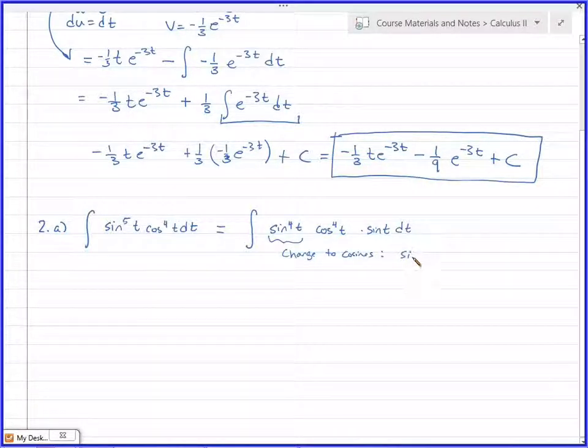So remember, sine squared of t is 1 minus cosine squared of t. So if I have sine to the fourth, that's 1 minus cosine squared of t squared, right? Since that's sine squared of t squared.